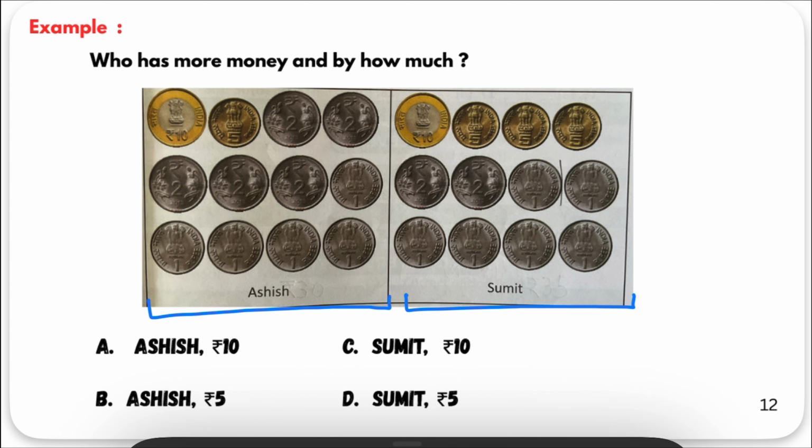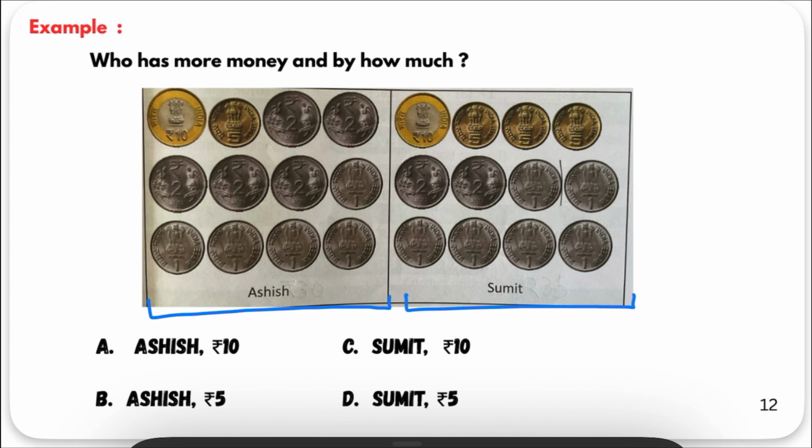Now we have to add the total number of coins Ashish has. To find who has more money, we need to add how much total money Ashish has and also how much total money Sumit has.